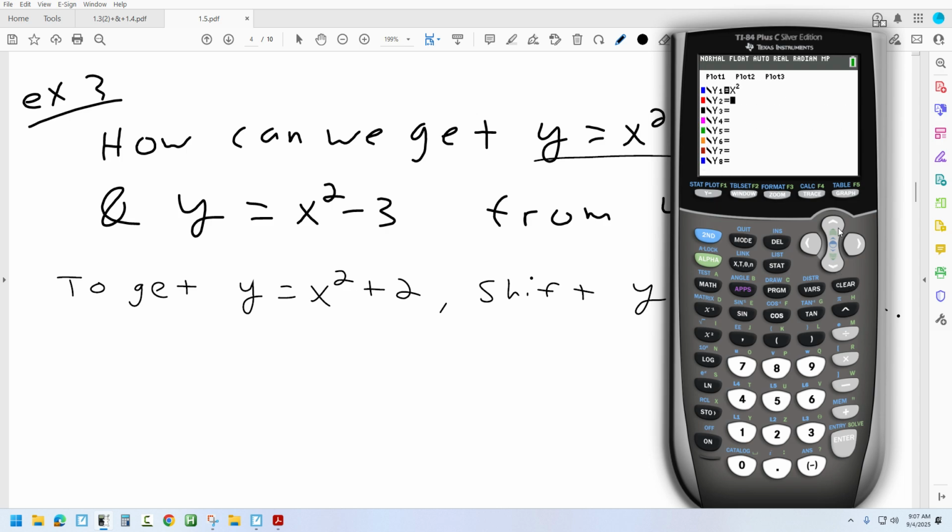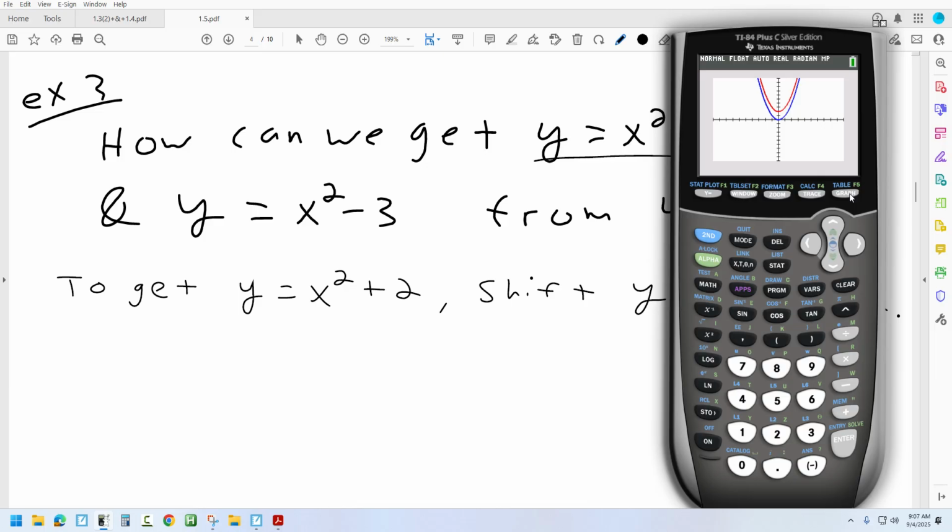All right, so we're going to do y equals x squared plus 2. Hit graph. Okay, there's the parent function. And here's the one shifted up 2 units. That's it. Just shifts it up 2.